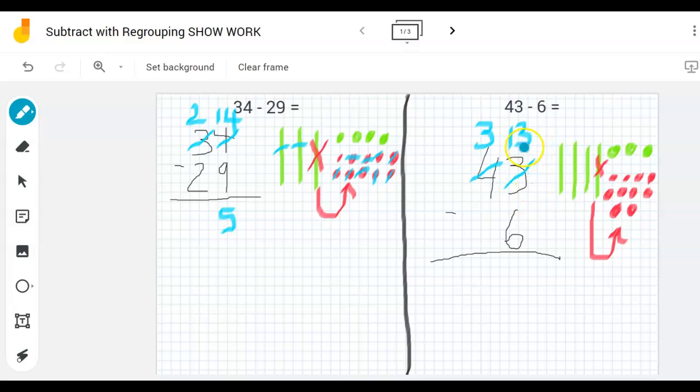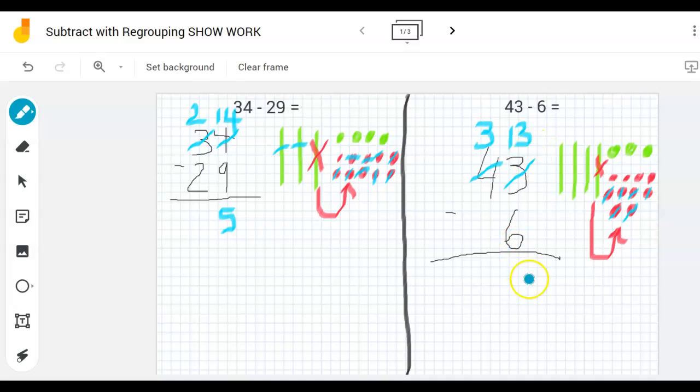All right, so now that we have more on top, no need to stop. We can go ahead and subtract. Let's take away 6 ones. 1, 2, 3, 4, 5, 6.